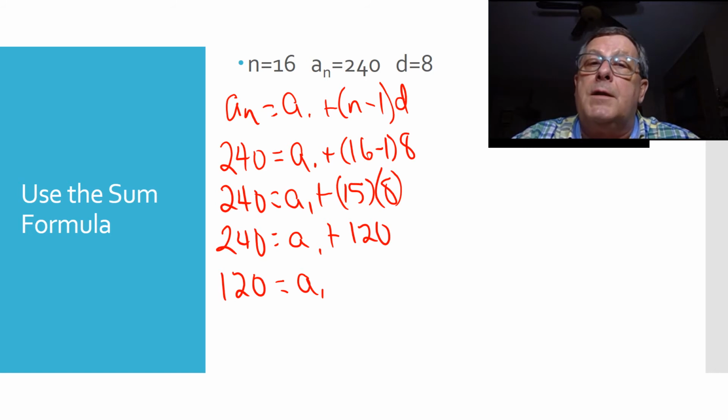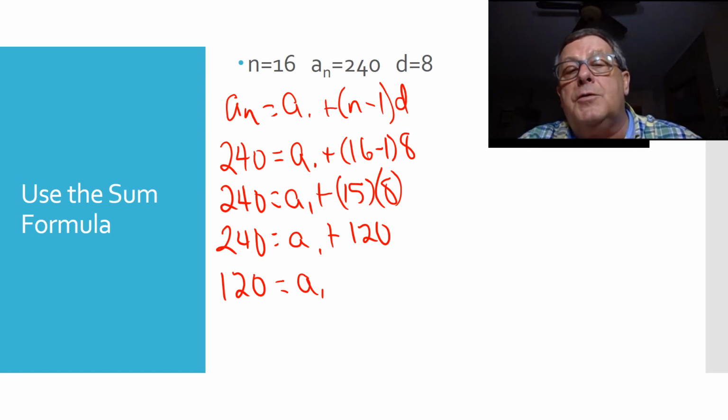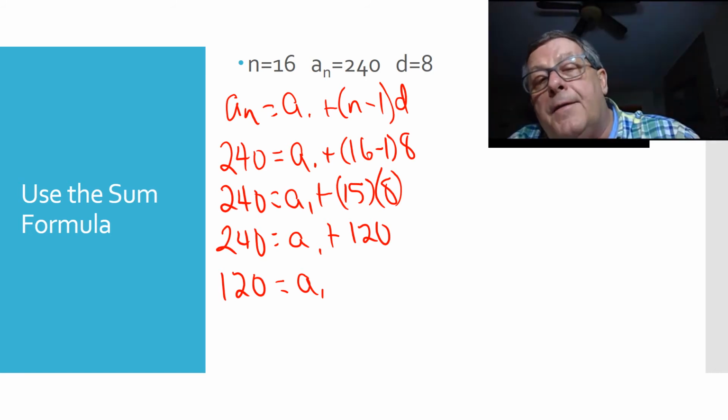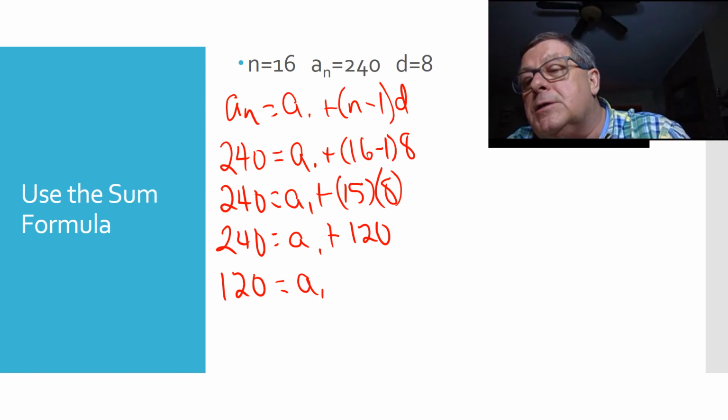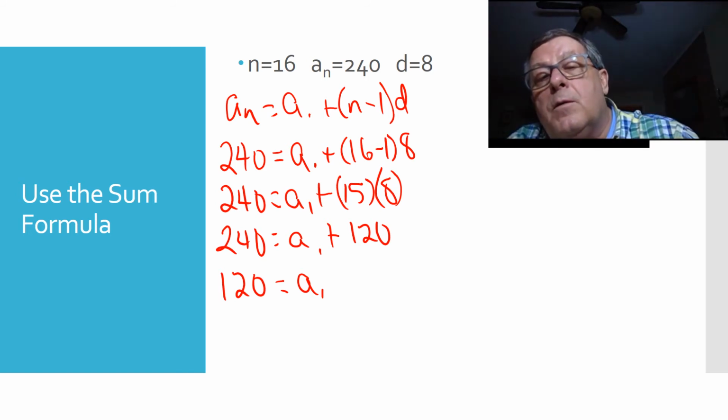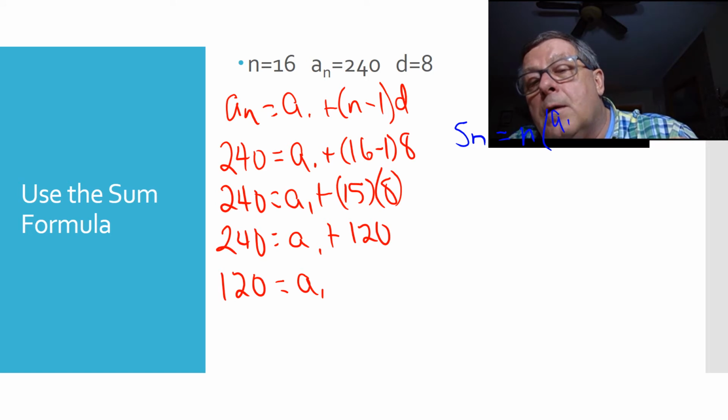Now, what do you say? We plug this into our sum formula. This time I'm going to go to the general formula. Let's change colors here. So we got Sn equals, this is the general formula, n times the quantity a1 plus an, divided by 2.